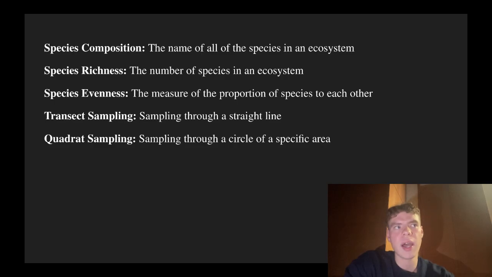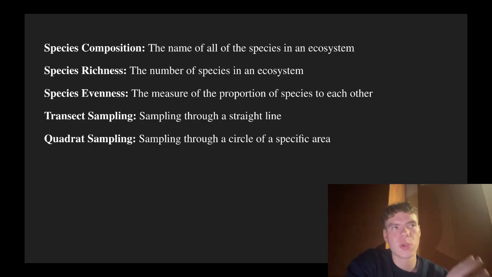So let's say I had an ecosystem that just had pigs, chickens, and cows. I would say the species composition is pigs, chickens, and cows. It's just the names. So species composition is the names of all of the species in an ecosystem. Species richness would be the number of species in an ecosystem. So for that previous example, the species richness would be 3.